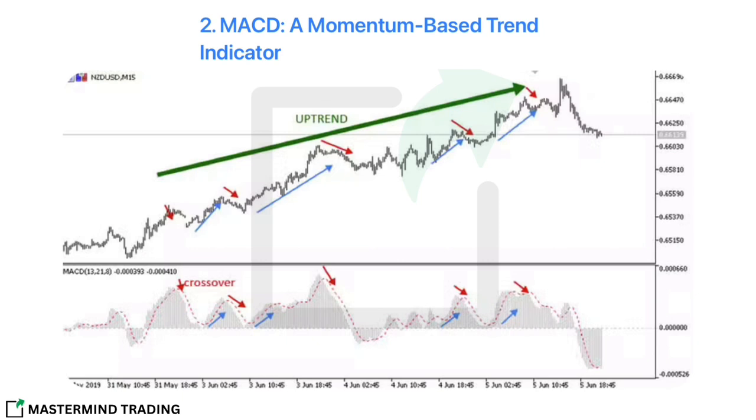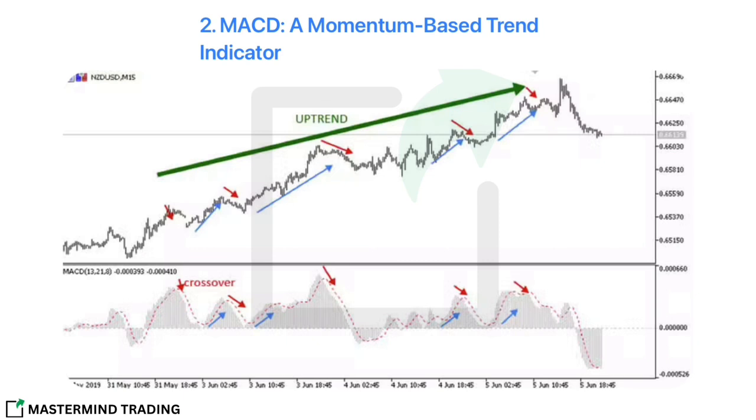Next is the moving average convergence divergence, or MACD, and this is a momentum based indicator, and it is used to show the strength and direction of a trend. Now, there are 3 basic ways that traders use this indicator, but for the purpose of this video, I'll focus on how traders use this indicator to spot divergence in the market.